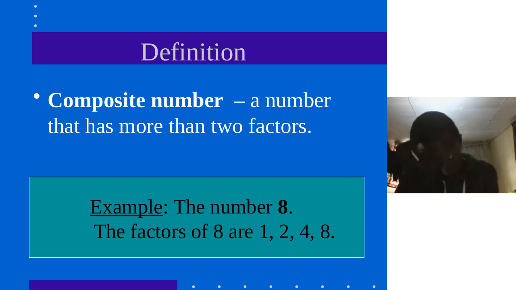If you multiply 1 times 8, you will get 8. If you multiply 4 times 2, you will get 8. Meaning 8 can be divided by 1 to get 8, 2 to get 4, 4 to get 2, and 8 to get 1.